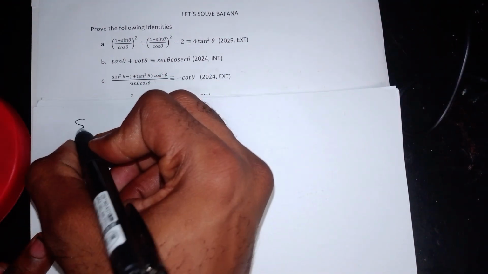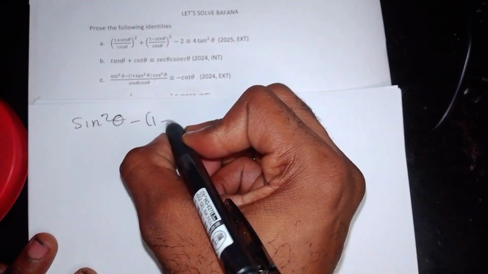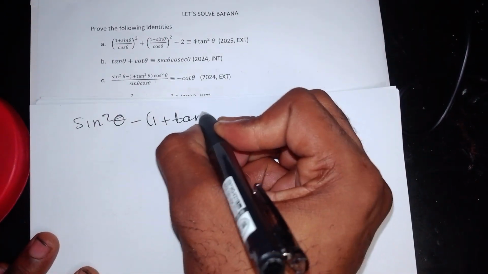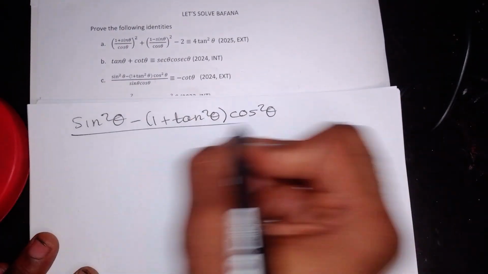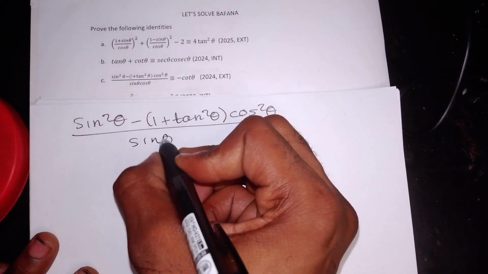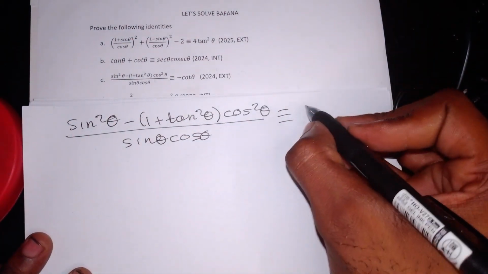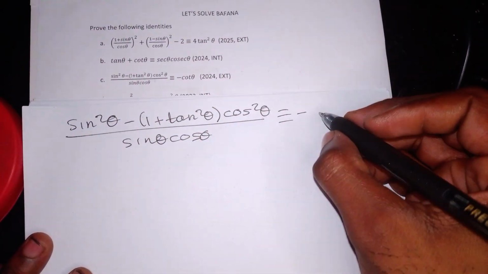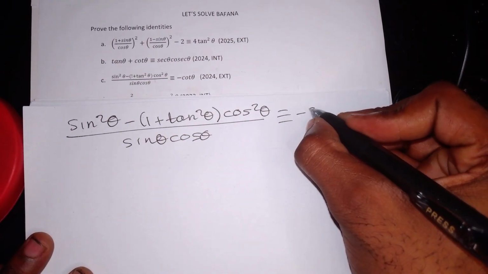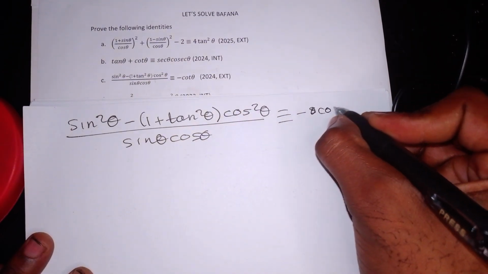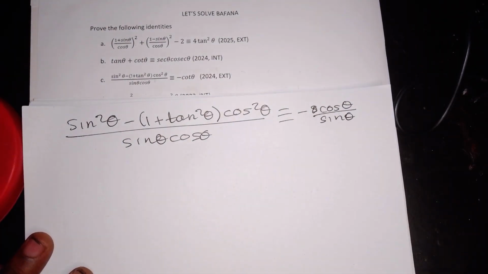On this side we have sine squared theta minus (1 plus tan squared theta) cos squared theta, everything over sine theta cos theta, and this is equivalent to cot theta. But we know that cot theta is cos theta over sine theta.